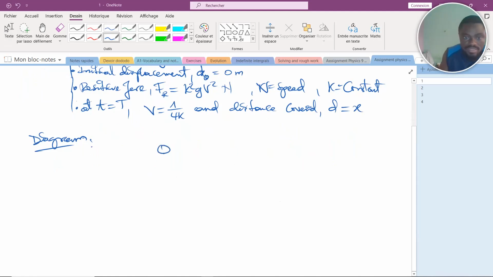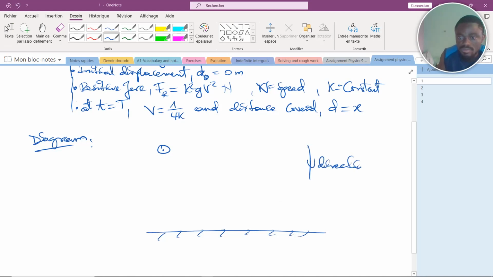So this is my particle, and let's say this is the floor. The particle is falling. What are the forces? We are supposed to show the forces that act on the particle. The particle is falling, so this is the direction of motion.